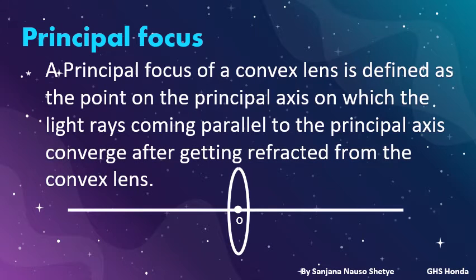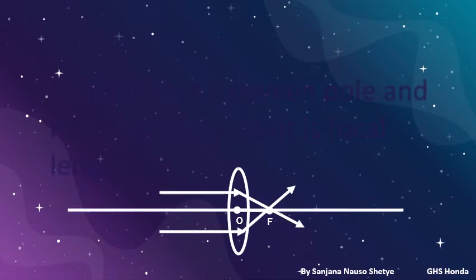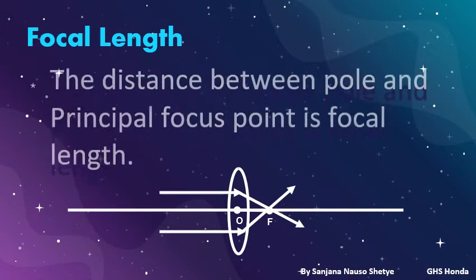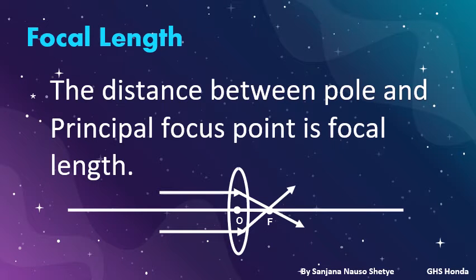A principal focus of a convex lens is defined as the point on the principal axis on which the light rays coming parallel to the principal axis converge after getting refracted from the convex lens. Focal length. The distance between pole and principal focus point is called focal length.